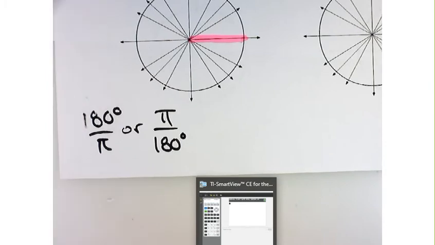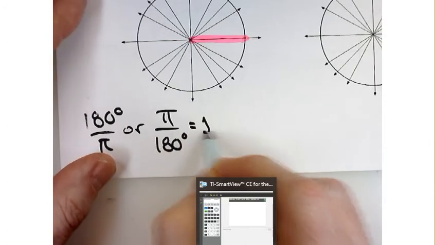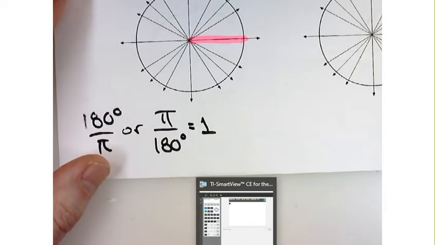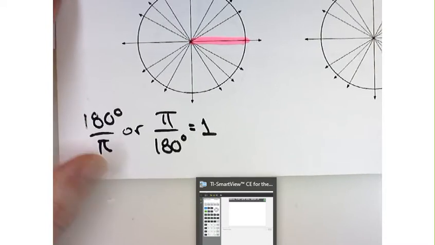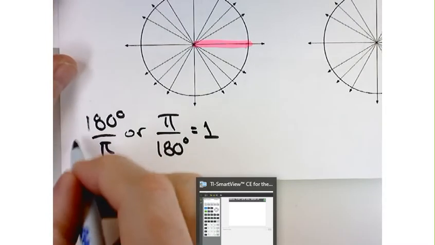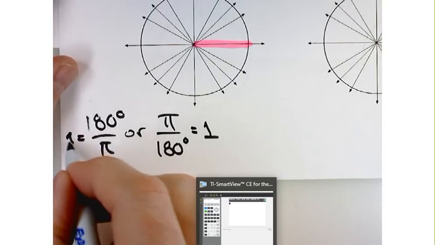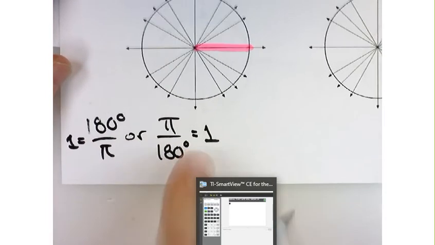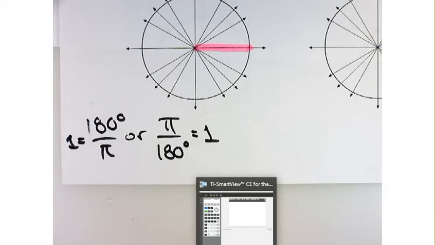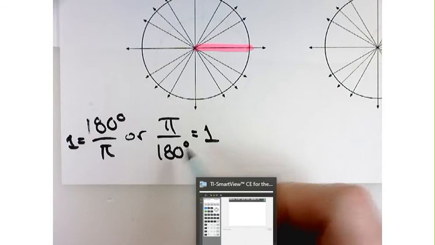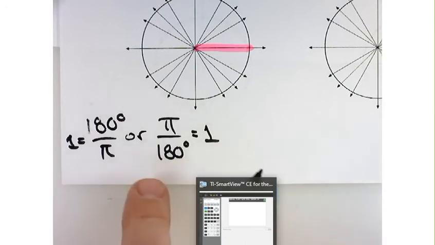Notice that each of these is a fancy name for the number 1, because pi, as an angle, is 180 degrees. So if you multiply by this one or this one, effectively you're multiplying by 1. And hopefully you choose the correct ratio so that the units you want to get rid of are in the denominator. They'll cancel out. So that's the idea on converting.